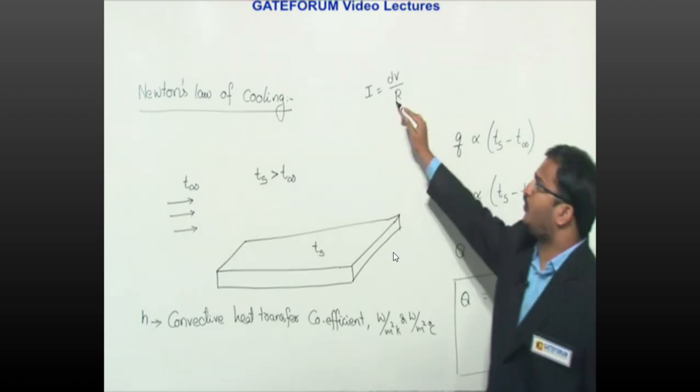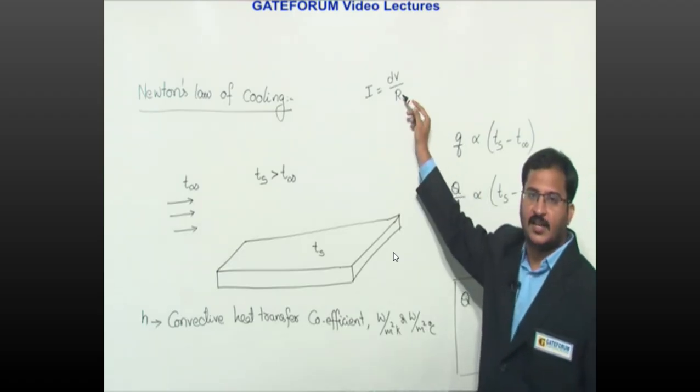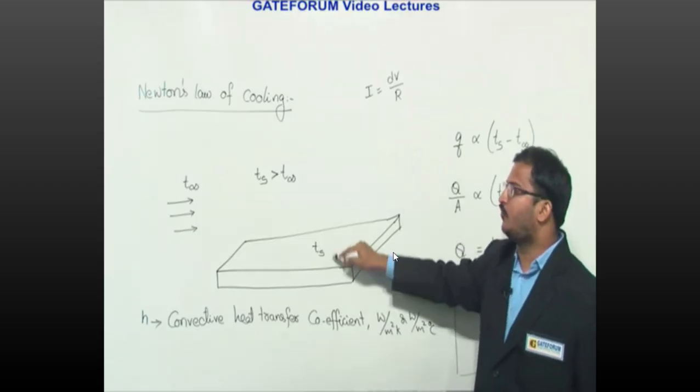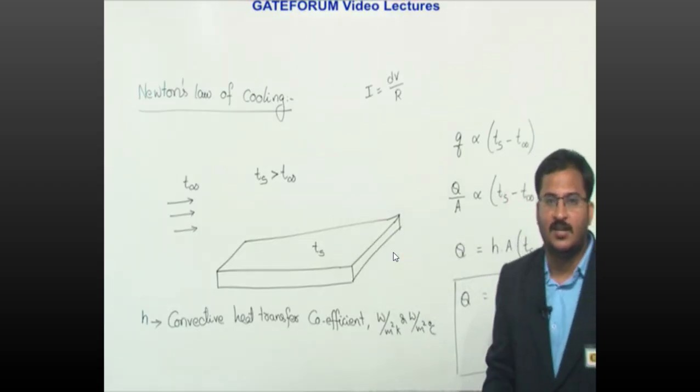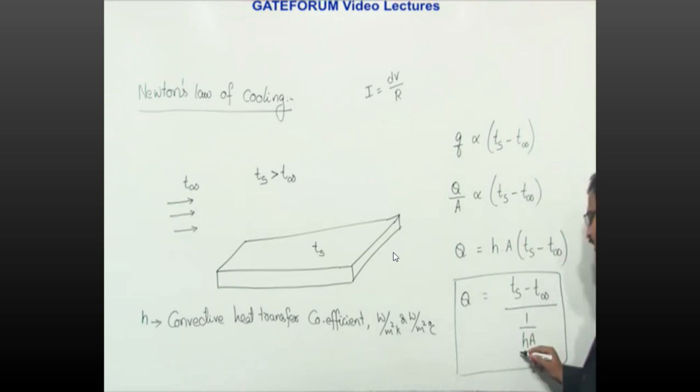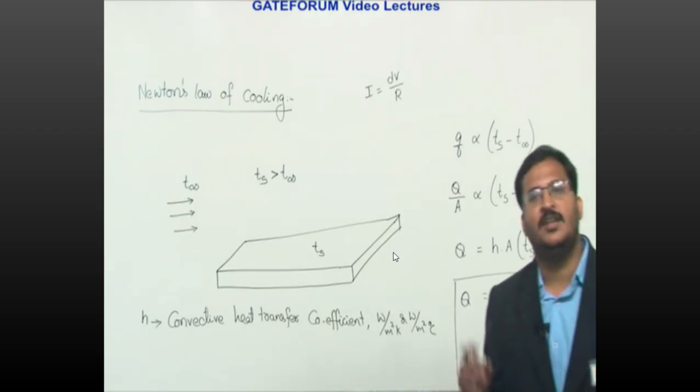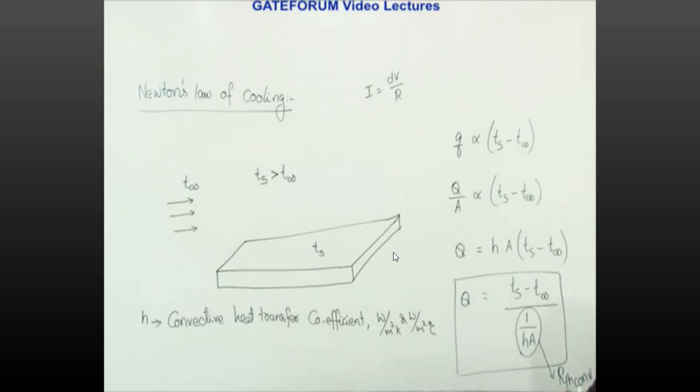Here, for the flow of electrons, the resistance offered is electrical resistance, whereas for the flow of heat, the resistance offered we call the thermal resistance. So the thermal resistance for convection will be 1 by hA, and the unit for thermal resistance will be Kelvin per watt. You need to remember this.